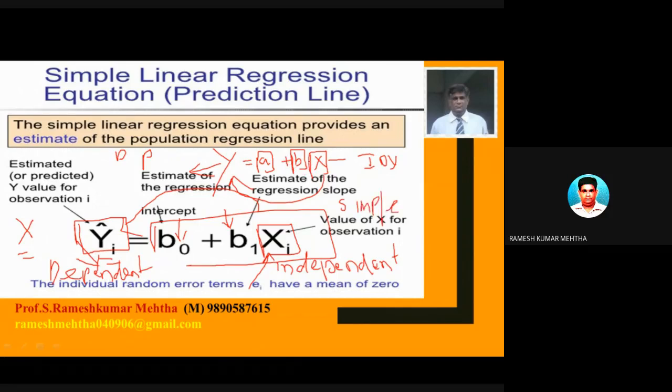When we have only one independent variable which tries to forecast the value of the dependent variable, we call it simple linear regression.